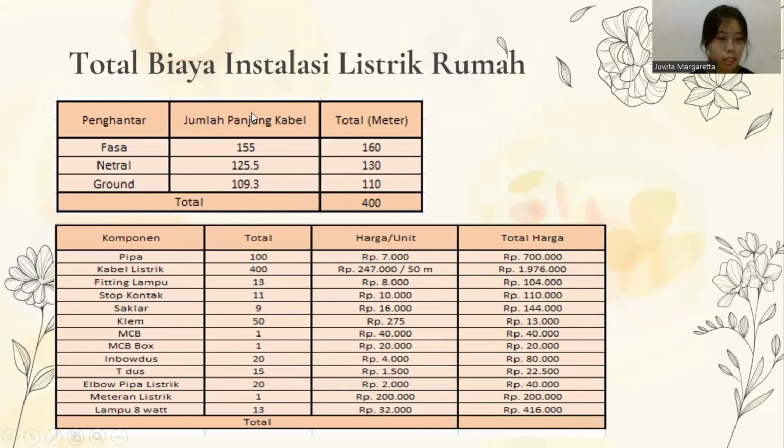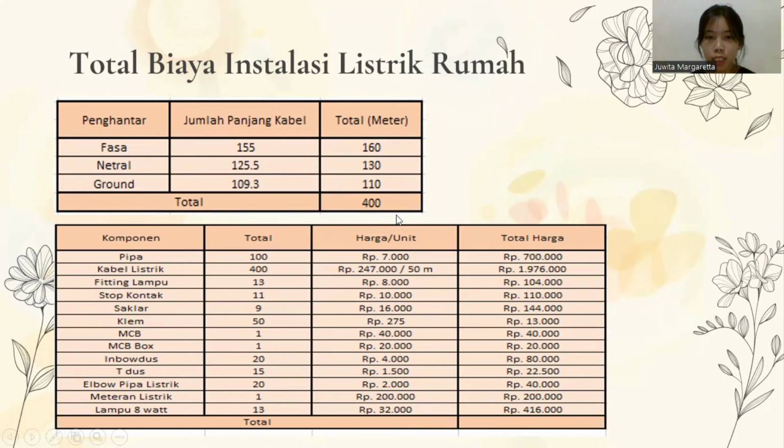So this is the table of the total cost of the electric installations. In the first table, we can see that I use 160 phase cables, 130 neutral cables, and 110 ground cables.